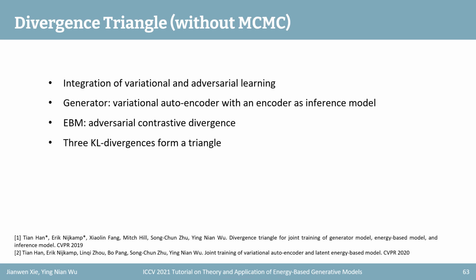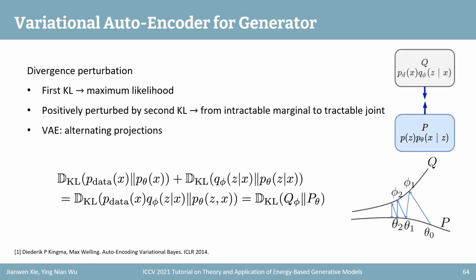If we put these two together, we arrive at a very elegant form of a divergence triangle that involves three Kullback-Leibler divergences between three joint distributions. First, we recast the variational autoencoder for the generator learning from the perspective of Kullback-Leibler divergence.